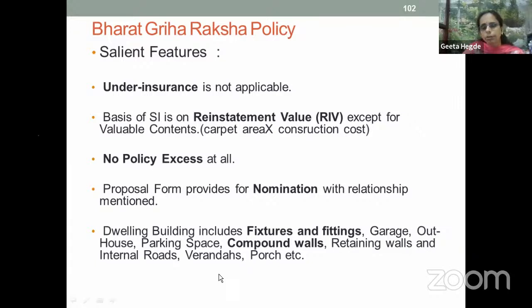The insured will claim that it is covered and it is not covered under the policy. It is necessary to show it separately, but there is a reminder now by incorporating it in the proposal form that the insured has to show it separately. So generally there will be no mistake, or it will get covered. It will be a reminder so that the insured shows the separate sum insured for compound wall.